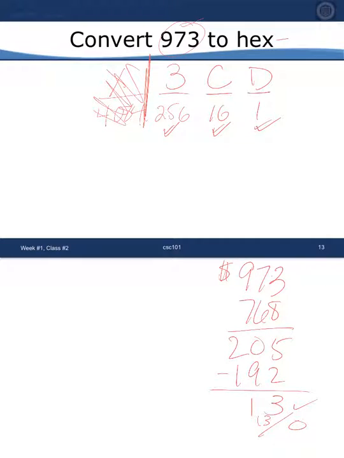And so it must be the case that our number 973 is apparently 3CD in hex. Okay, so that conversion isn't too bad. You can go in between to binary if you really want to, but you still have to do this game where you pretend you're shopping and buying stuff. So this is probably just faster to go straight here than to stop off in binary in between.